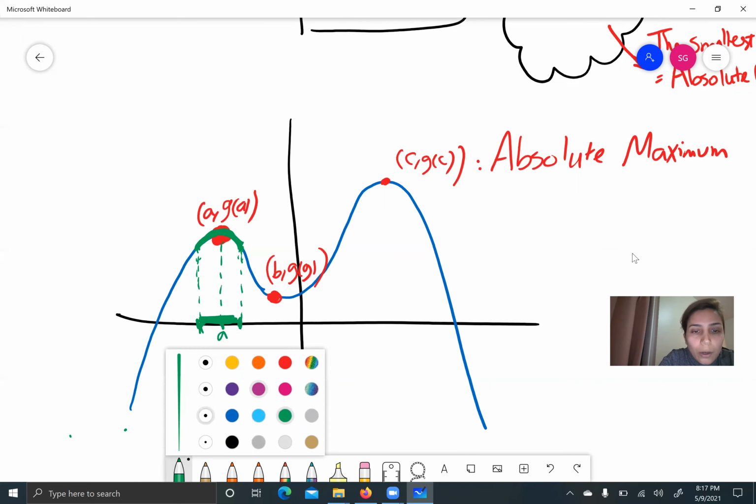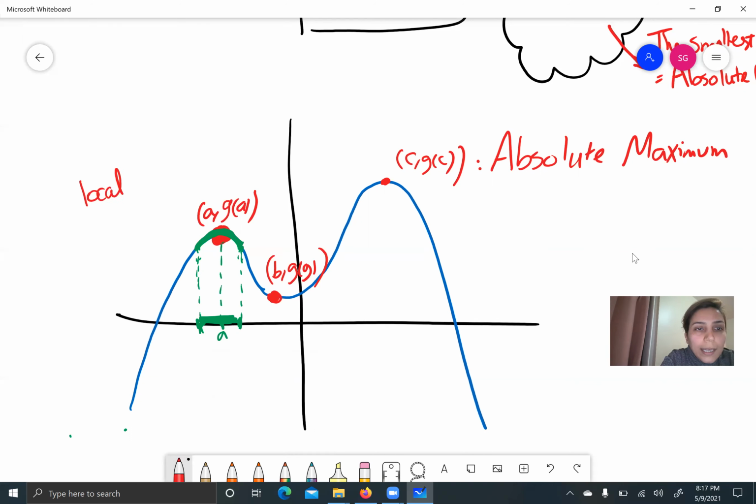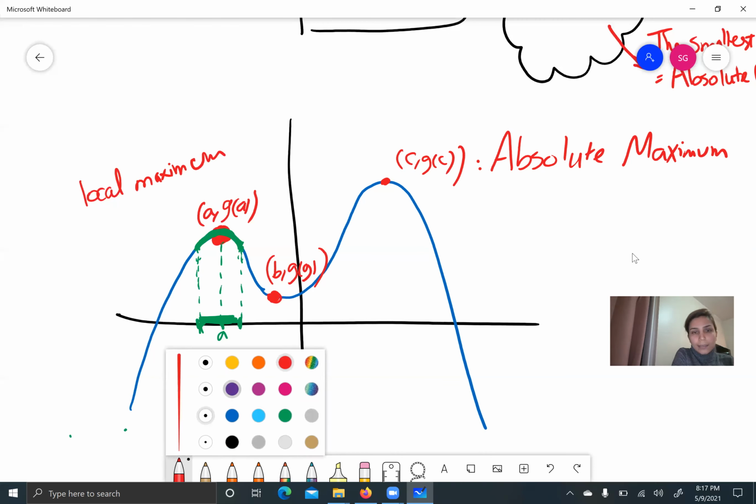So it's not absolute maximum, but locally it is maximum. So it's called a local maximum of the function, because locally for its neighborhood, yes, it is maximum. And over here, look at this one.